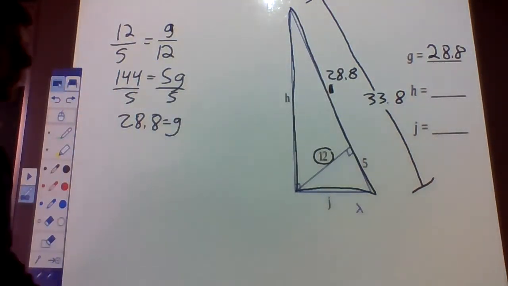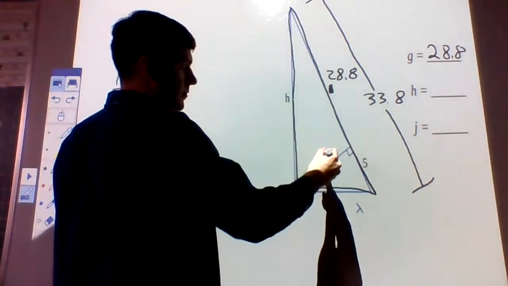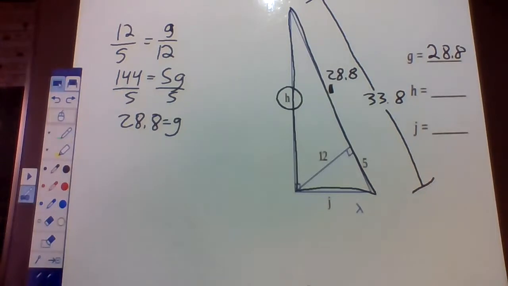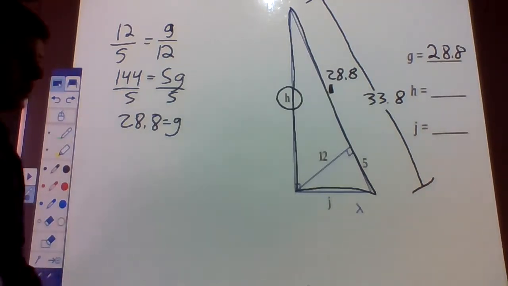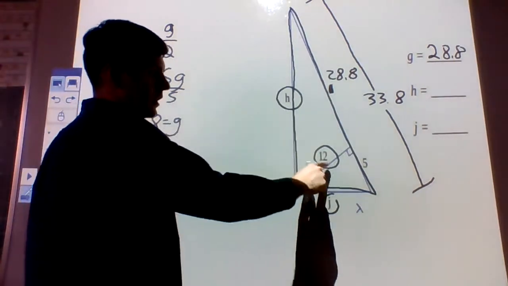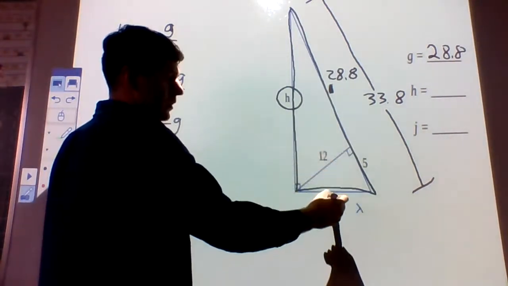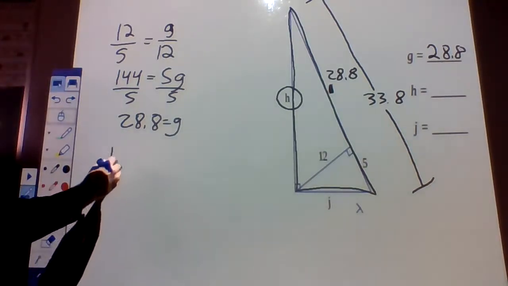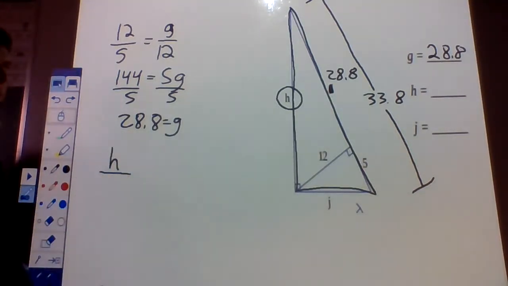So now we can look at h. H is the leg. So again, our three geometric means are these three. Okay, this was the altitude. The other two are legs. So let's do h. So if we're using a leg, we want to pick the closest piece of the hypotenuse.